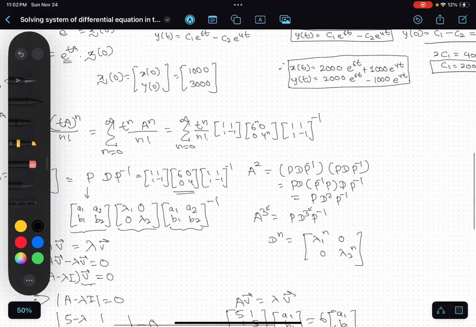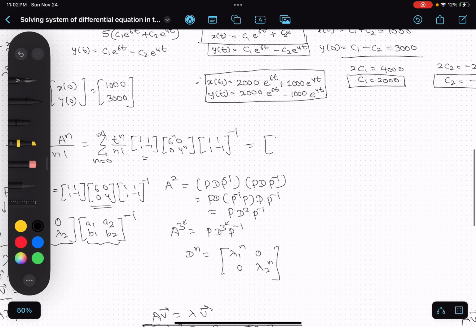Now notice that this one is actually just a constant in the entire sum, so I can take it out of the sum. This is also constant, so I can take it out of the sum, right? So I can write it as [[1, 1], [1, -1]] times the sum from n equals 0 to infinity of t to the power n by n factorial, times [[6^n, 0], [0, 4^n]], and then [[1, 1], [1, -1]] inverse.